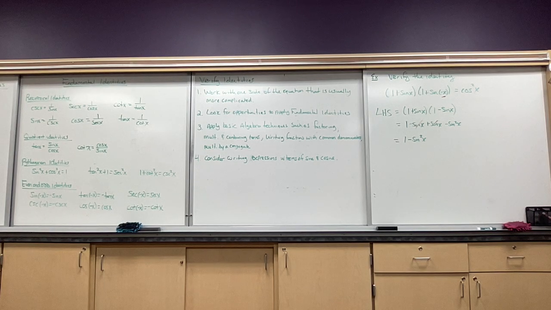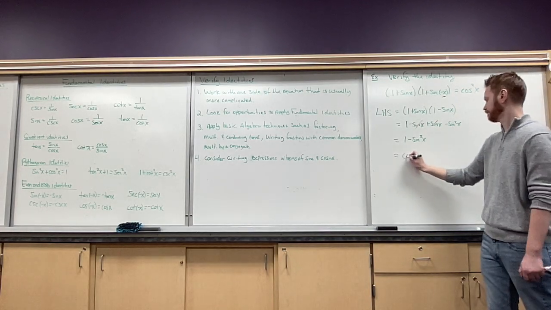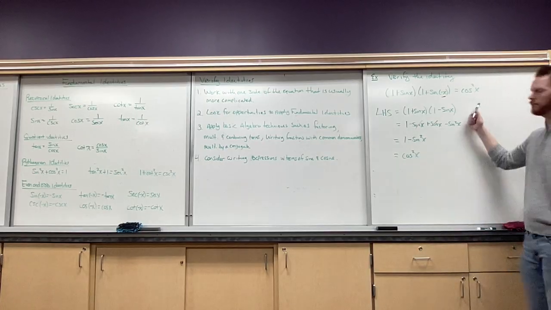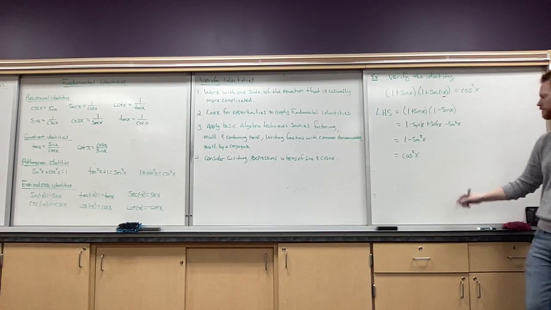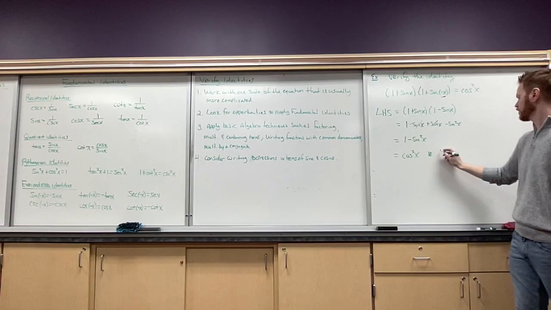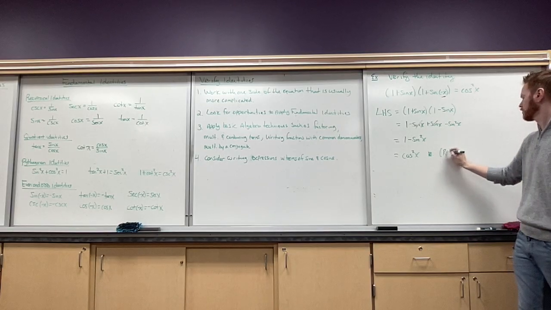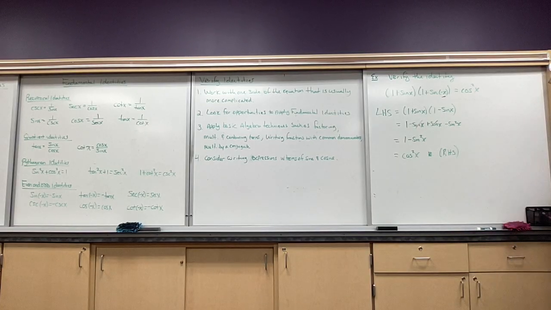And then that's an identity, right? Let's look on that first board. What's 1 minus sine squared of x equal to? Cosine squared. Isn't that what I wanted? This works. All right. So this is equal to the right-hand side.